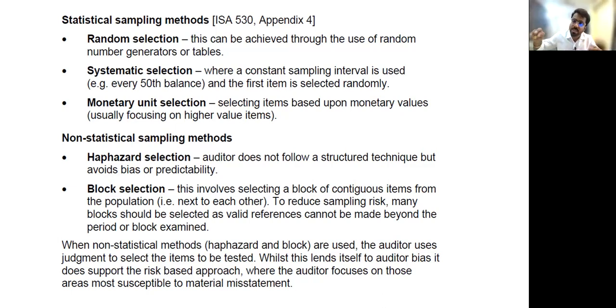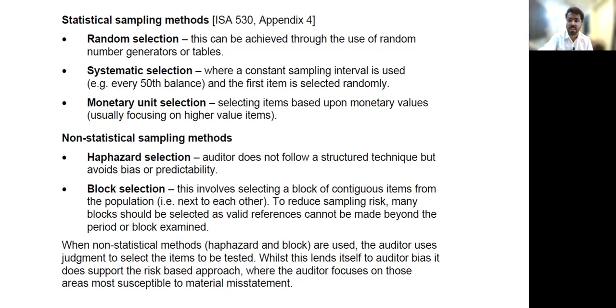Let's say the random numbers are giving you 5, 15, 18, 20, 45. So you will select the fifth transaction, 18th transaction, 20th transaction, 45th transaction, and you will test those transactions, because those are the numbers given by the random number generators. So that is random selection.